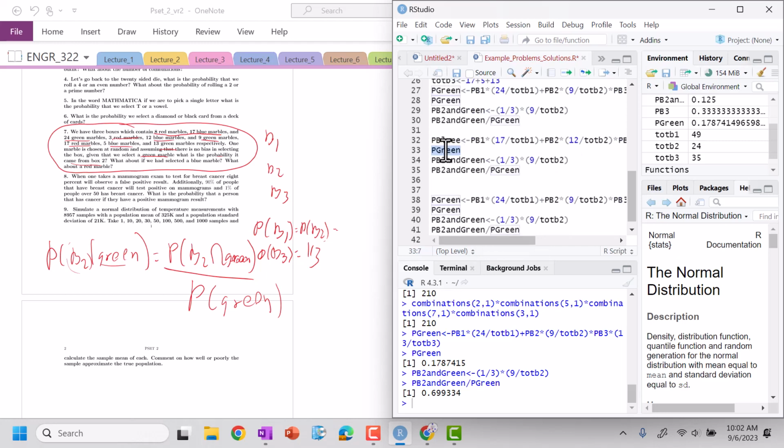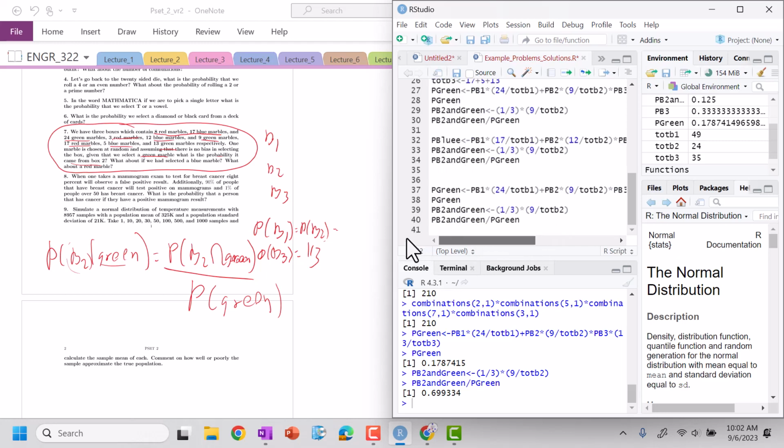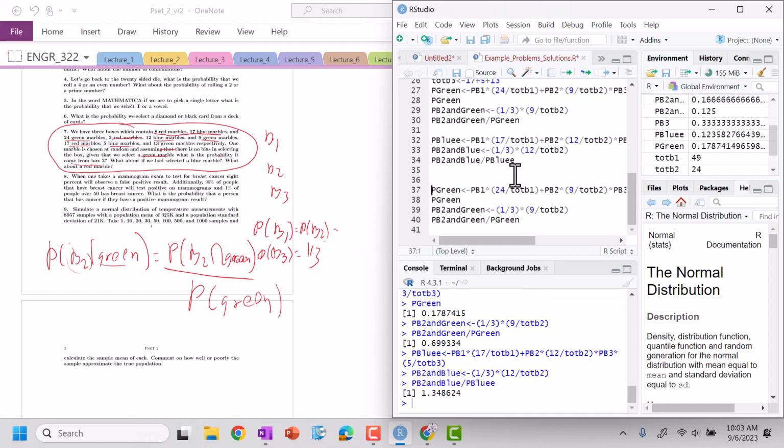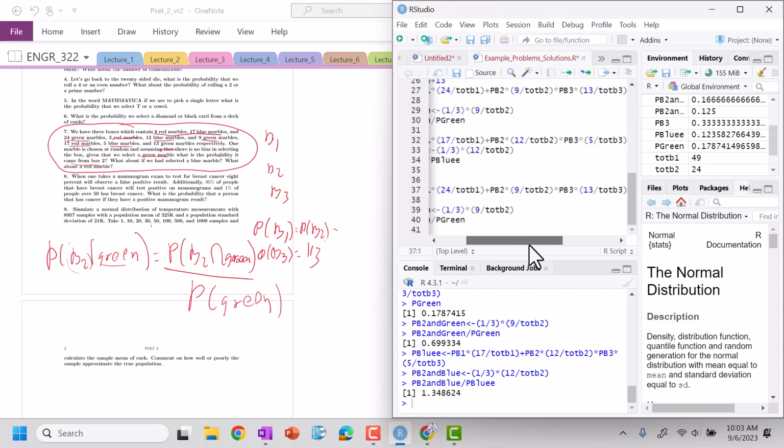So we don't need to define that again. Probability of B2 and blue. So 1/3, and then in the second one we have 12 blue. So we should be able to rock and roll now. Ooh, something's going on. Let's see what we got here.